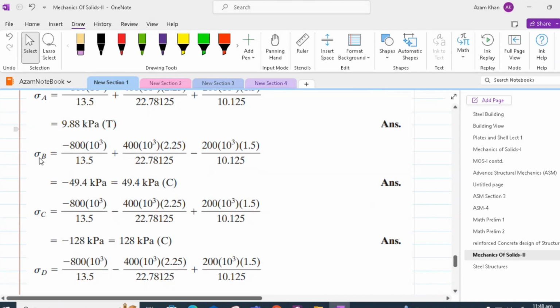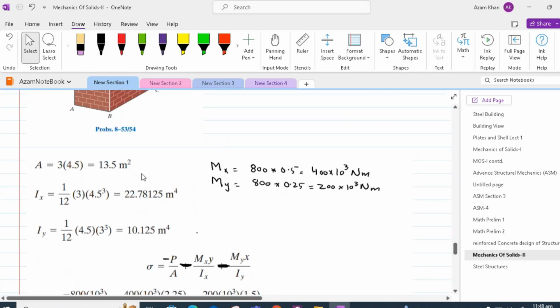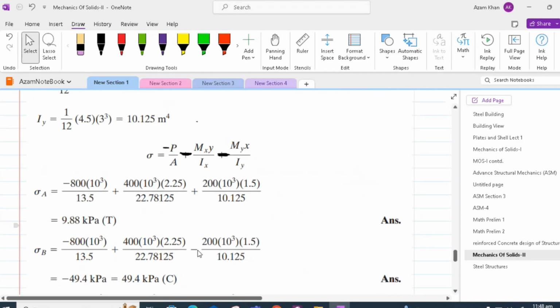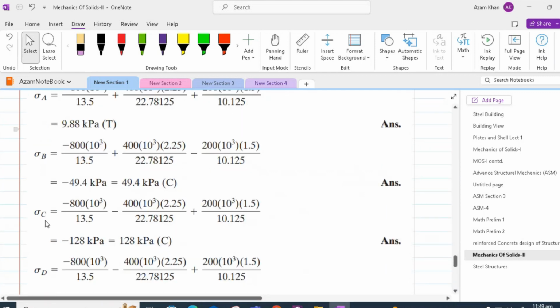In the case of sigma B, we have the value of x equal to plus 1.5 and value of y equal to minus 2.25. Hence, negative comes with the third term and positive comes with the second term. Sigma B would be 49.4 kilopascals, and that would be in compression.